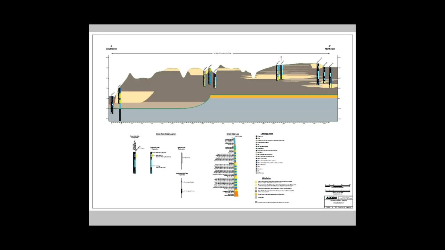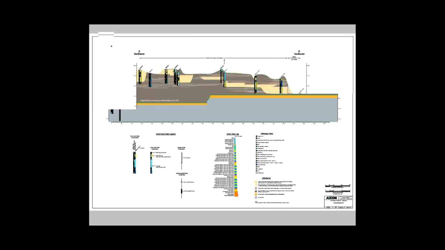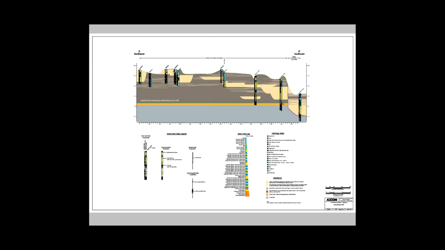Here's another viewpoint. This is BB prime, which cuts across that at right angles. And it also cuts down into another back barrier depositional environment that's a little more sandy and more modern.